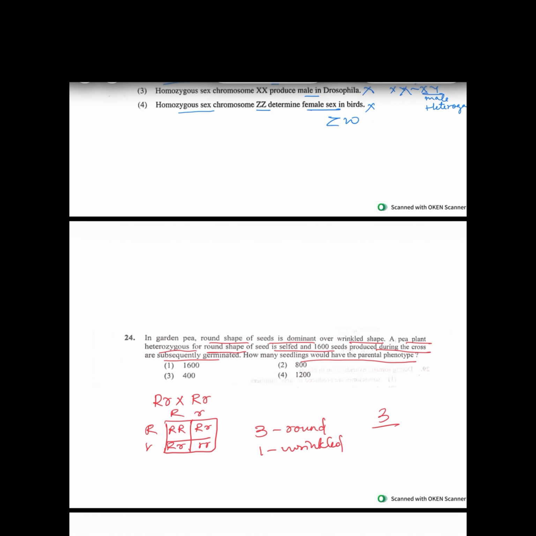So if we cross 3 round out of 4 into 600, you'll get the answer. So round shape, so that is 1200.